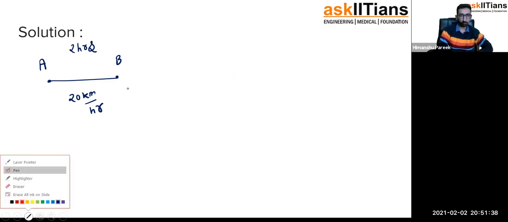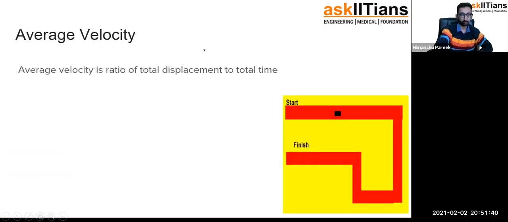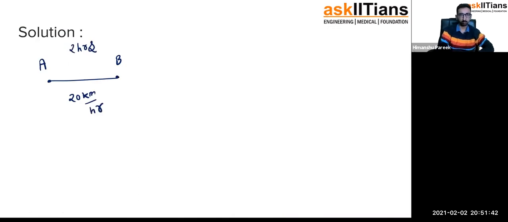Then from B to C, let's say you travel with the velocity of 40 kilometers per hour. And the time you have taken is, let's say, 4 hours.